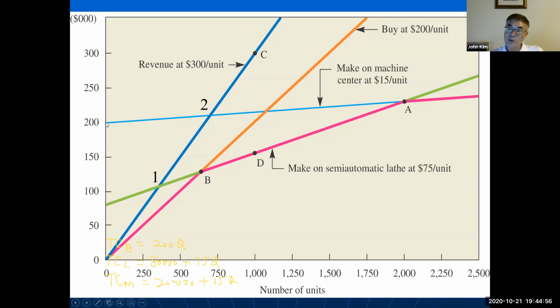And then the last one, machine center, 200,000 fixed cost, and then increase by 15. Then there are some crossing points, 1, 2, A, B.